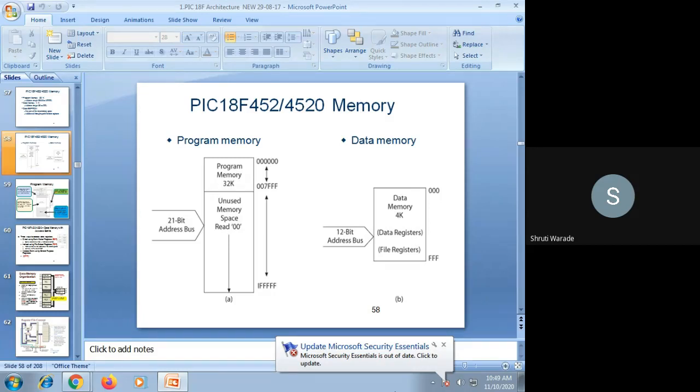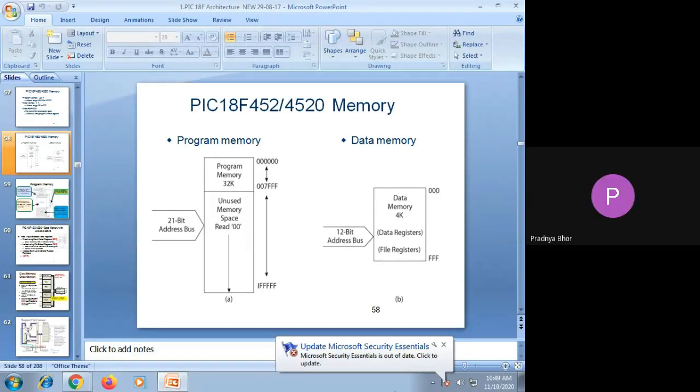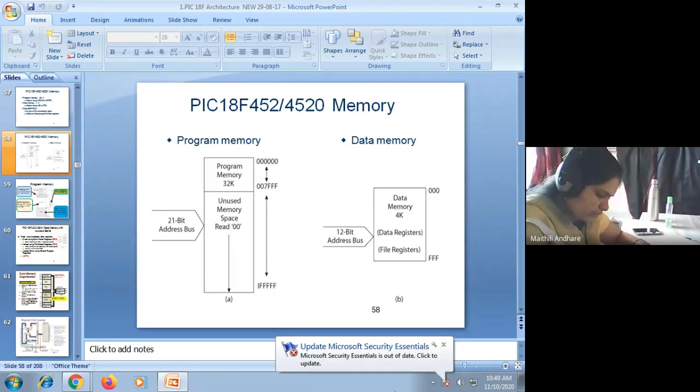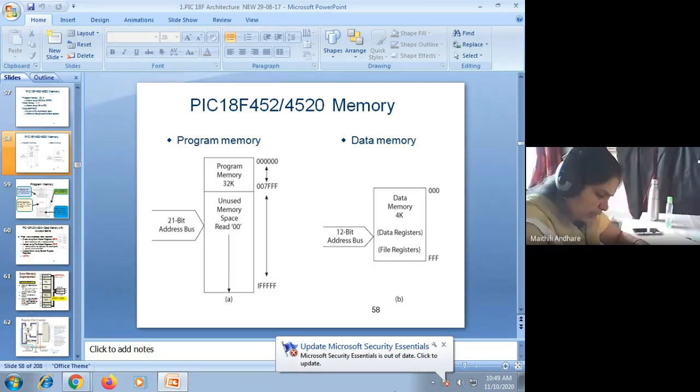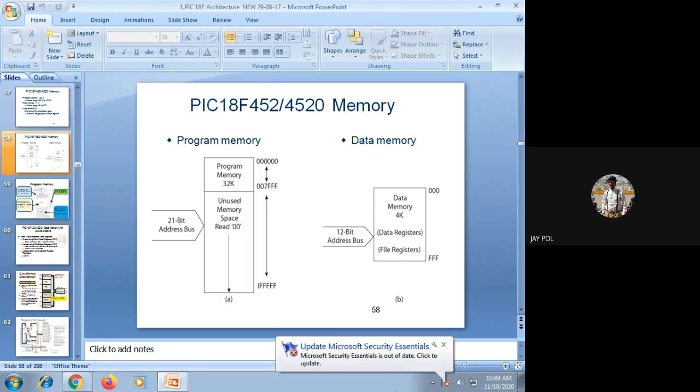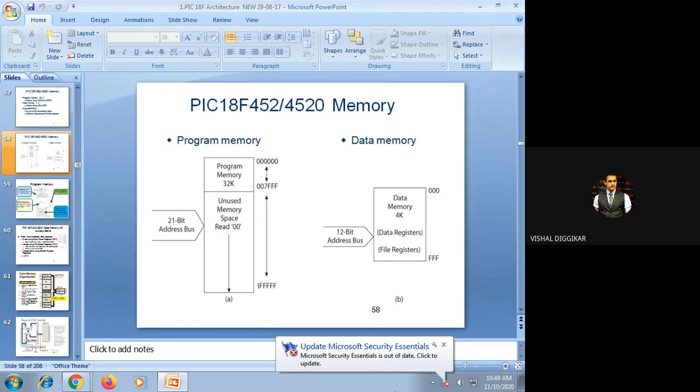Present, ma'am. 69 present है ना, Present, ma'am. 70, Present, ma'am. 71, 72, 73, 74, Present, ma'am. 75, Present, ma'am. 76, Present, ma'am. 77, Present, ma'am. 78.